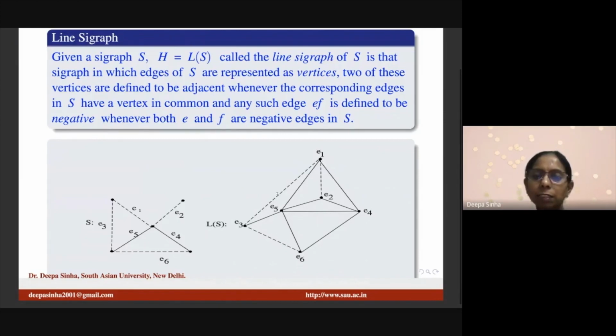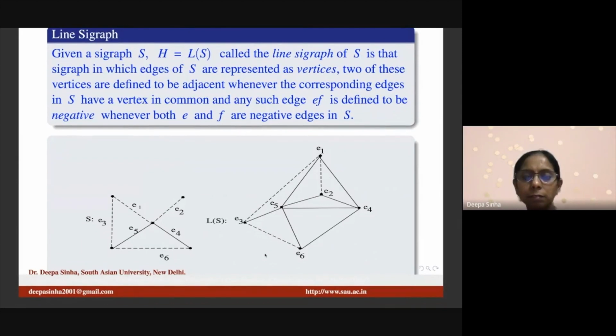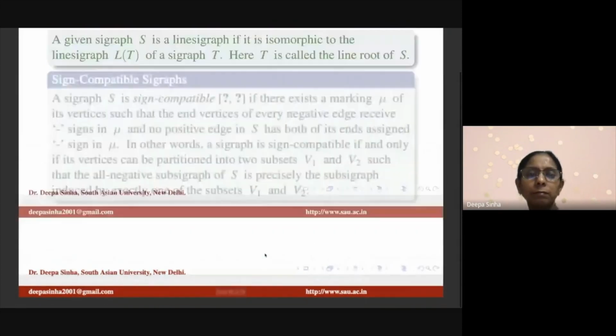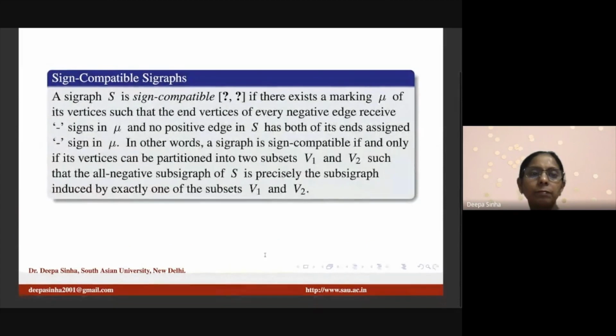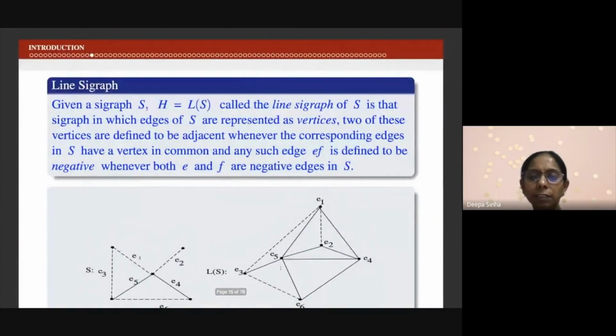This has to be maximal. So this is a maximal all negative subgraph lying in the graph, and this will be called a negative section.